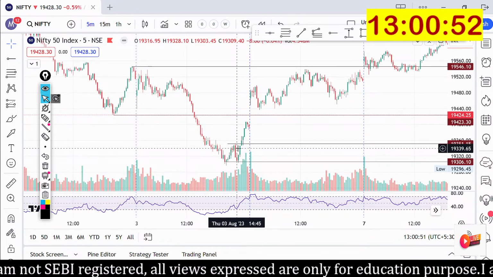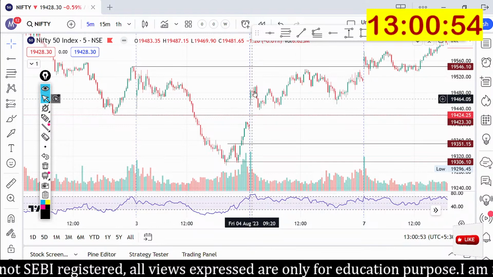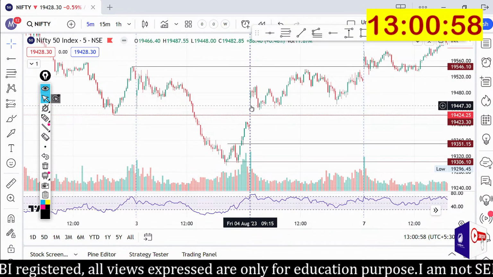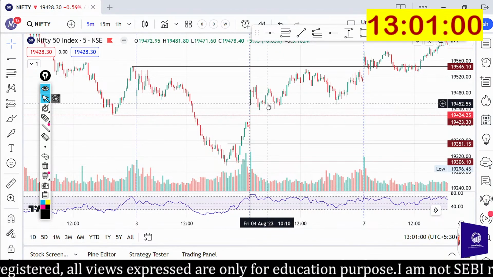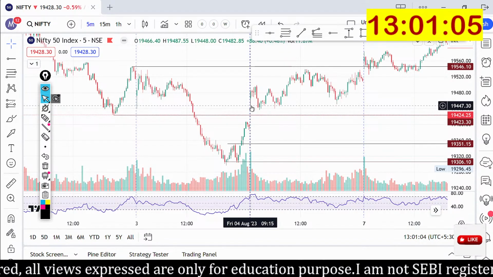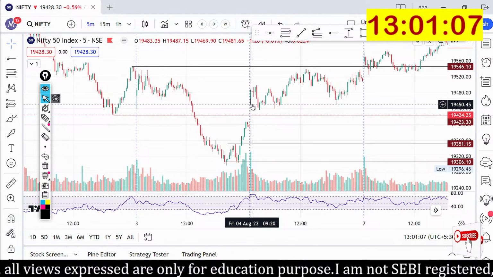So one, my swing is broken, so there are positive signs here. There is a gap up opening, holding the first 5 minutes low. There is a positive side to it. With this support, I might look at it because the gap up is holding.